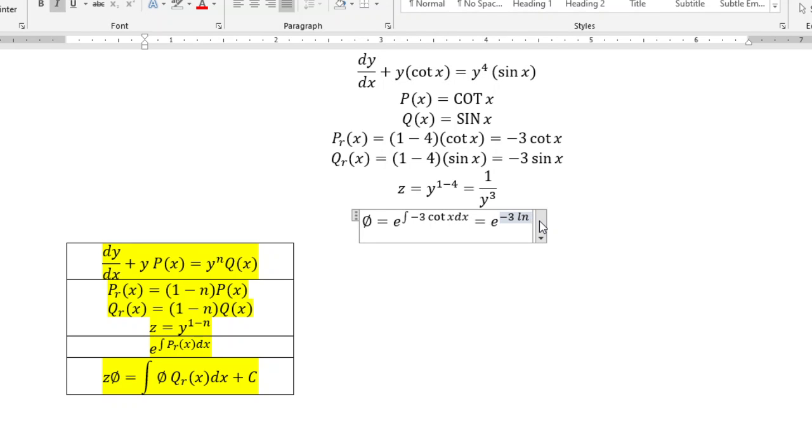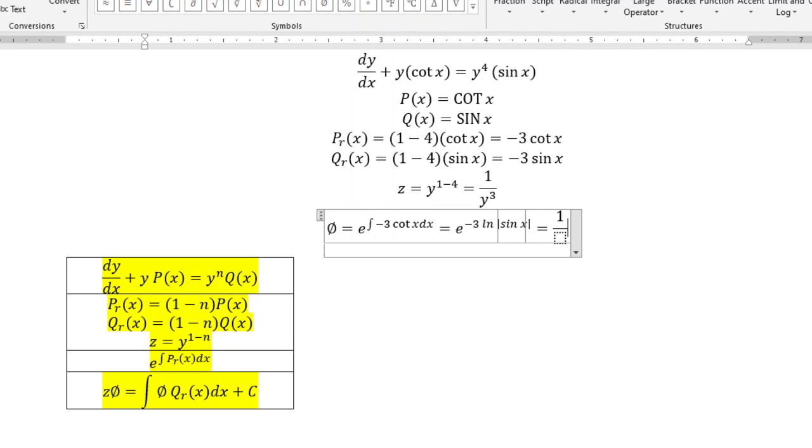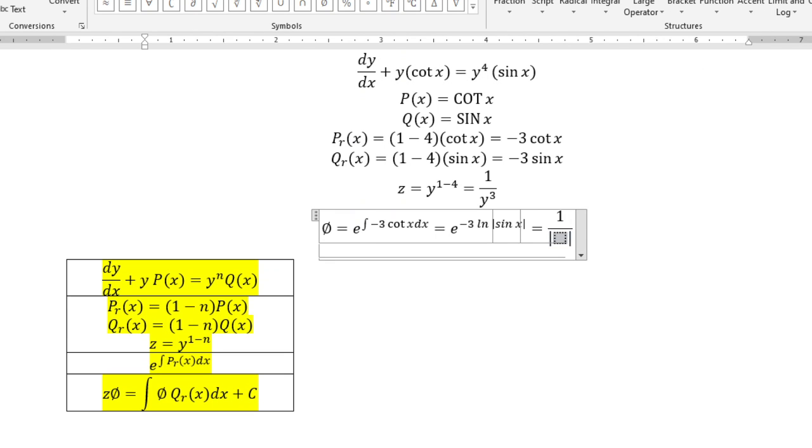That magiging ln sine x, or equal to 1 over sine cube x.